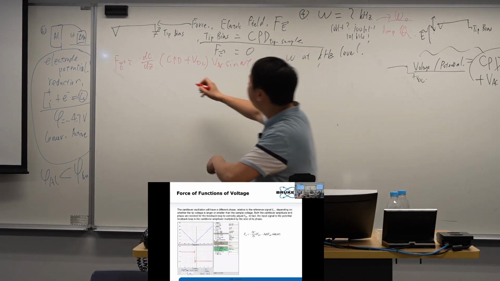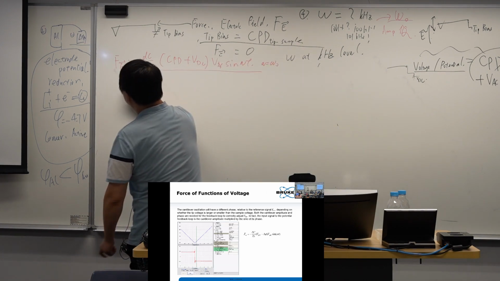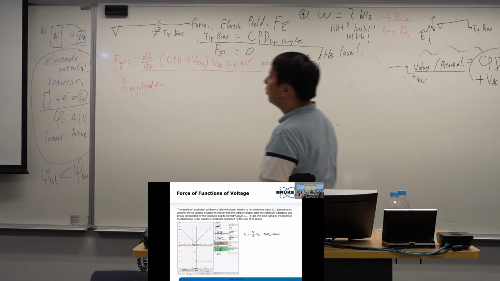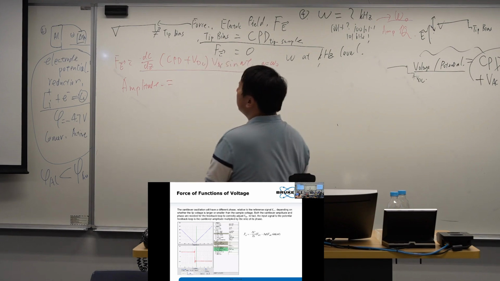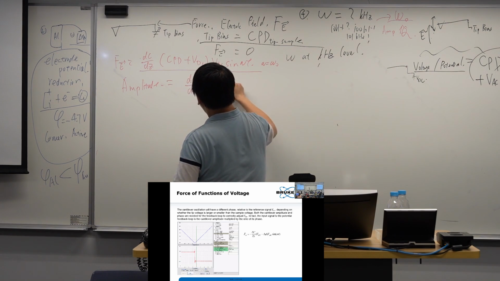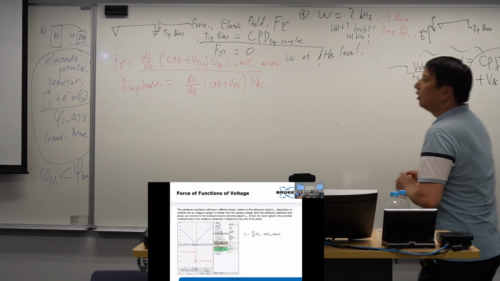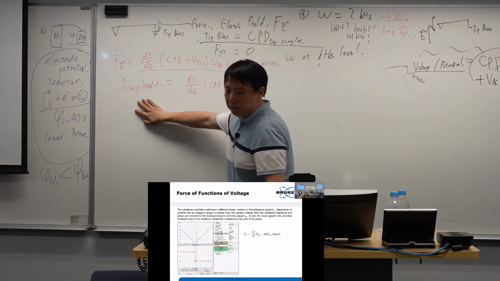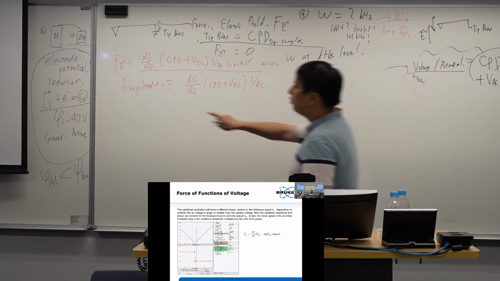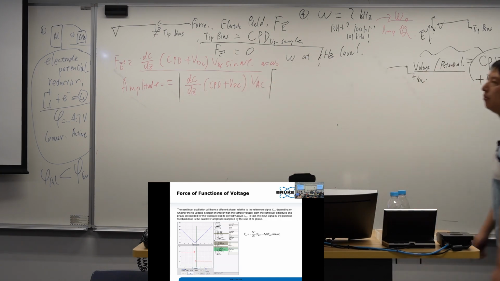Then I get the amplitude of this force, which will be dC/dz times (CPD plus VDC) times VAC. But the amplitude in our mathematical definition should always be positive, so the real amplitude should have an absolute value on the term.